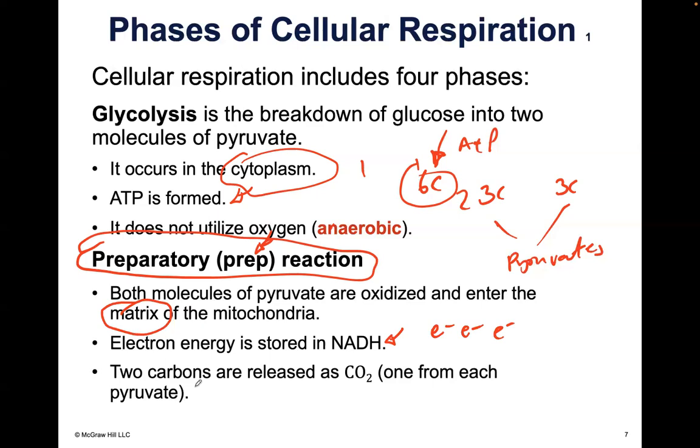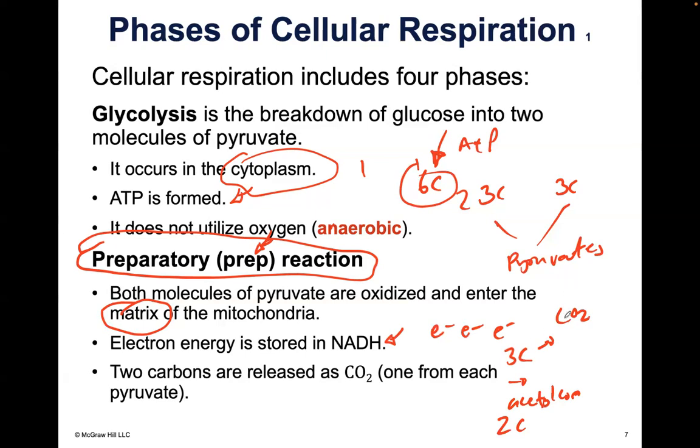So we've got 2 carbons which have been released from each of the pyruvate. I will explain the process later on, because when you have 3C, it needs to be changed to acetyl-CoA. Acetyl-CoA has only 2 carbons. So the 1 carbon here is used to produce carbon dioxide.